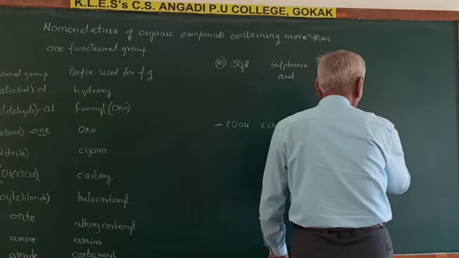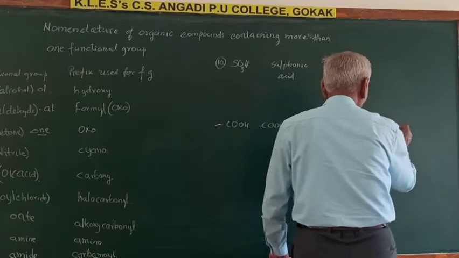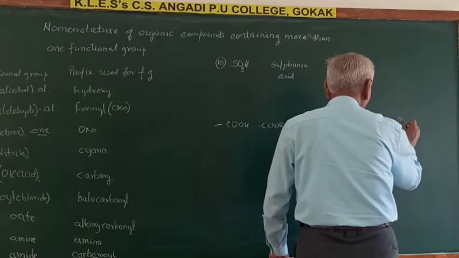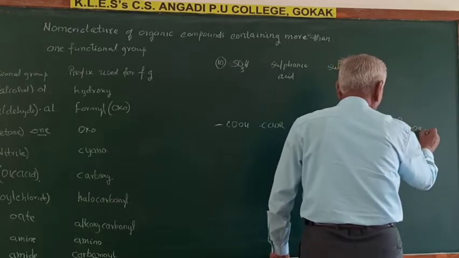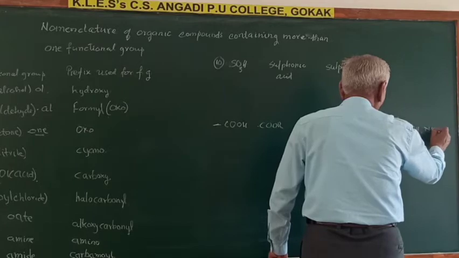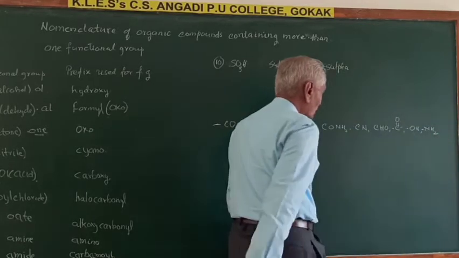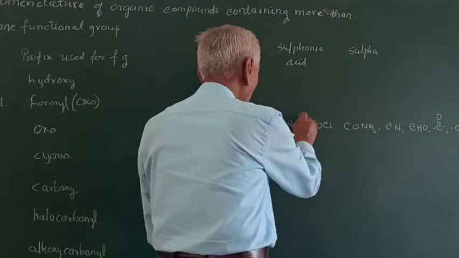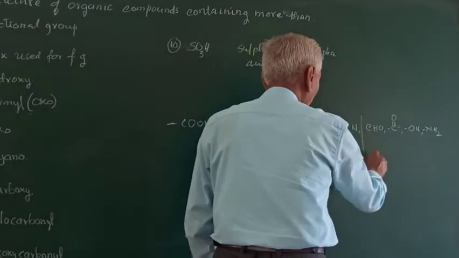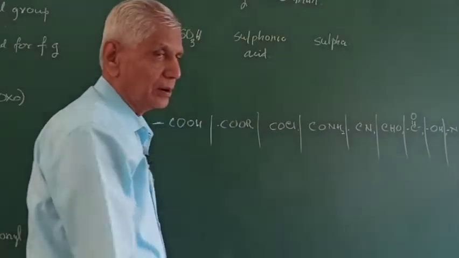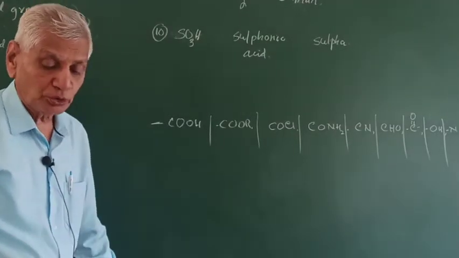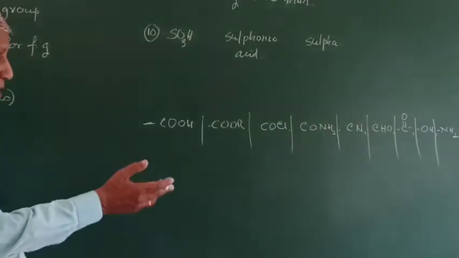Then CHO and CO, and OH and NH2. So these are the different functional groups. You have to select the functional group in this order.